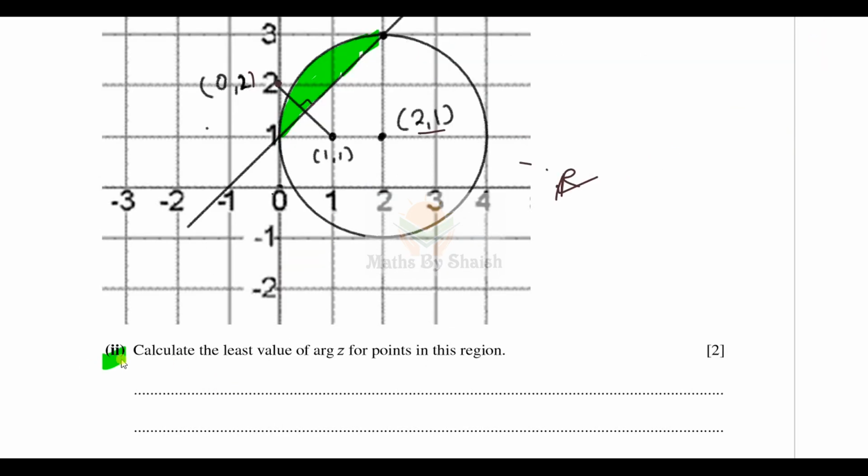The second part is, calculate the least value of argument z for points in this region. So the least value, we know it is measured from the initial line, that is the x-axis, the real axis. The least value of the argument we'll get at this point, so we'll join a line from this point to this.